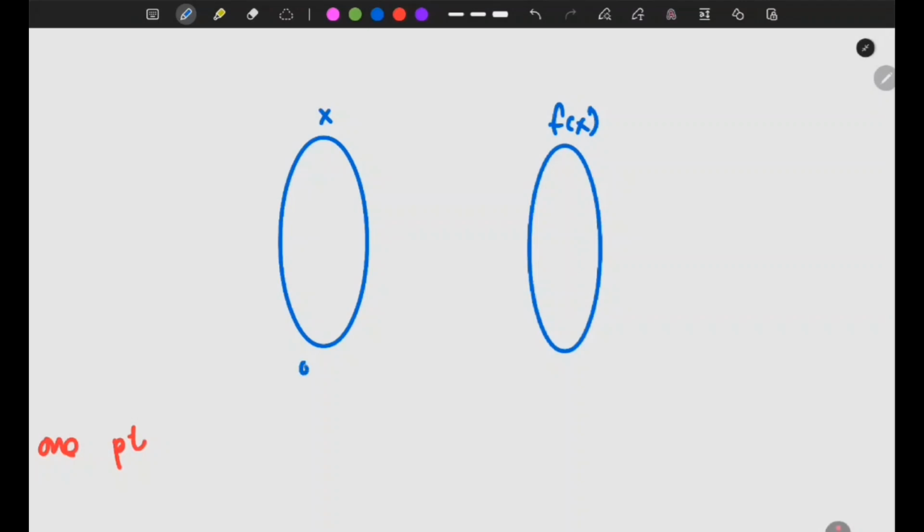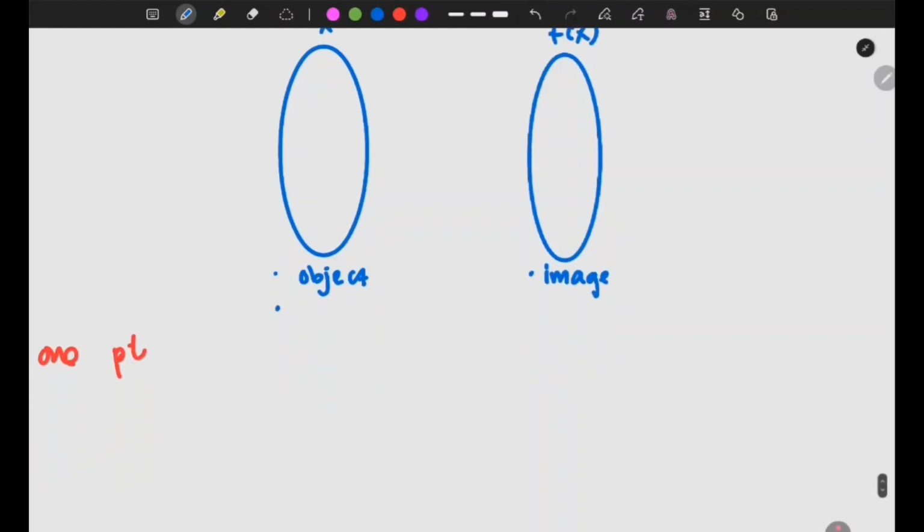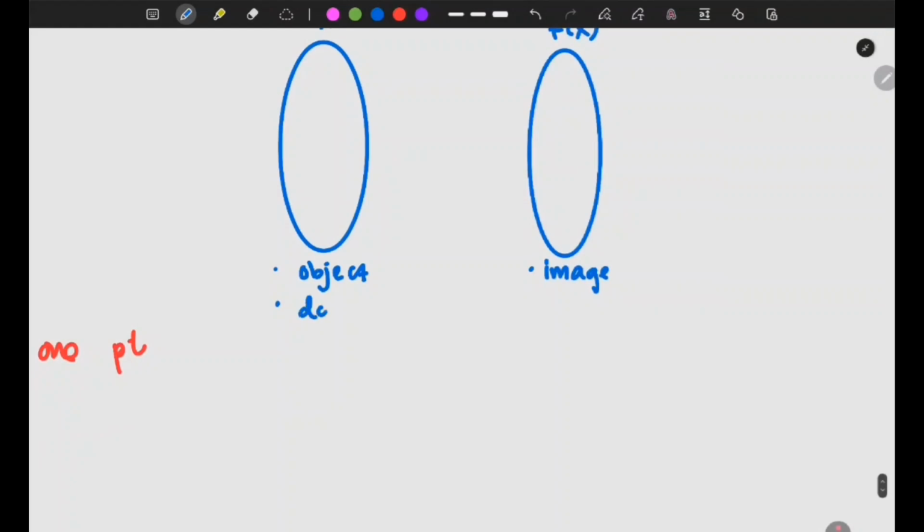They also call this object, image. Besides that, they also call this domain. They also call this codomain. It's another way that they call this.